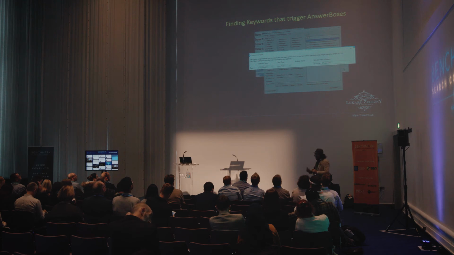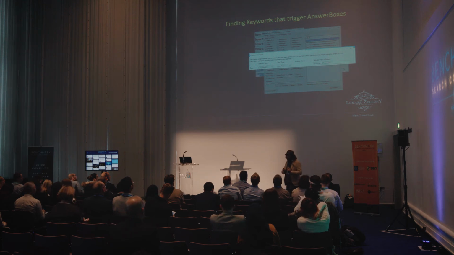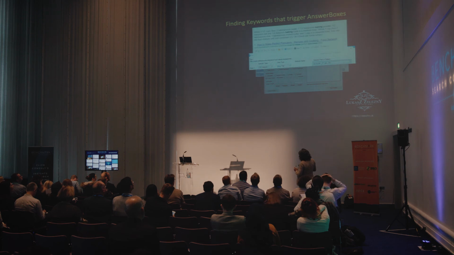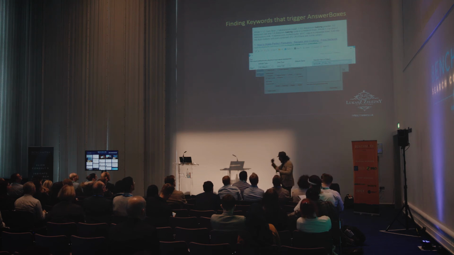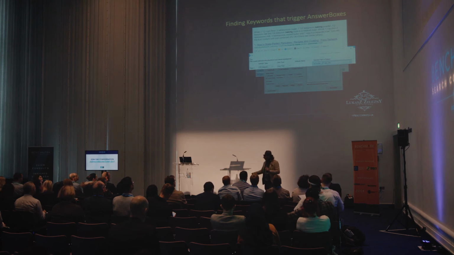You need to find the CSS selector that is showing the URL of this answer box. So I have this CSS selector here, and it is nothing but what you see here. This line, the green line with the URL, is described here. URL Profiler will open all these URLs that you gave, google.co.uk, q, and so on. And if there is an answer box, we will get data in our spreadsheet.